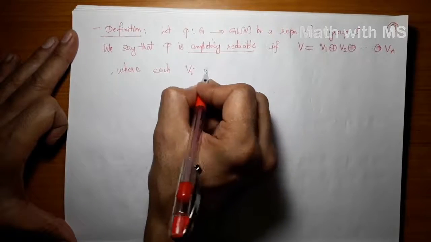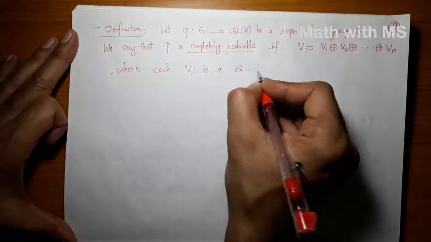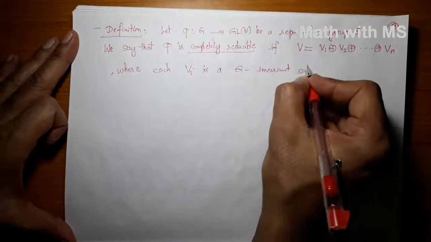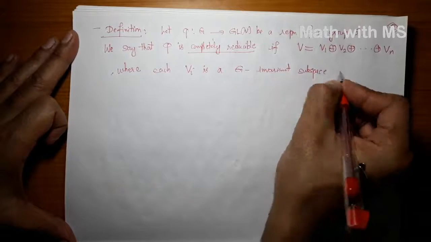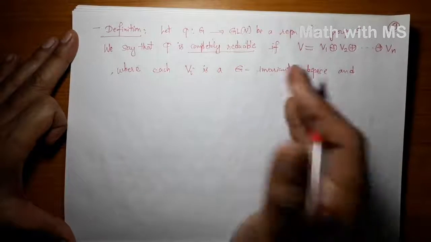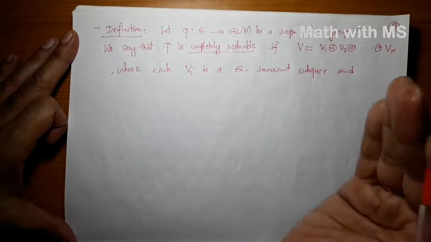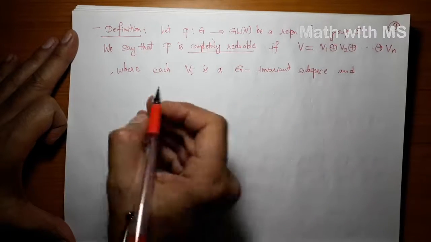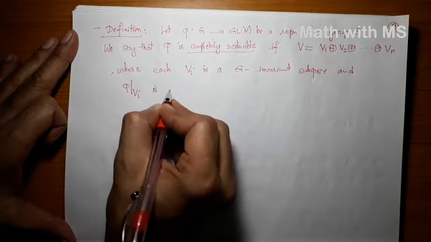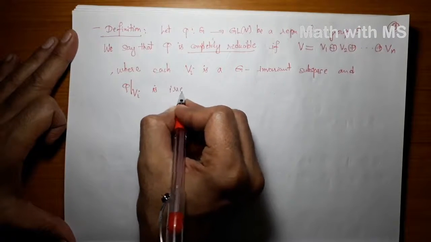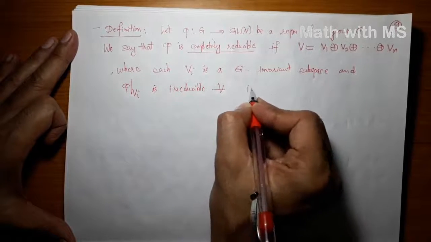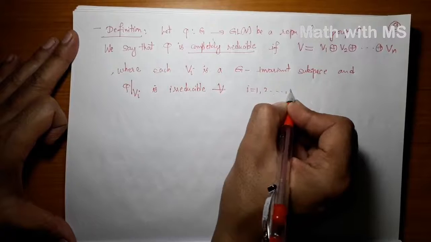Each Vi is a G-invariant subspace, and because of that you can restrict the representation and get sub-representations, and phi restricted to each Vi is irreducible for all i from 1 to n.